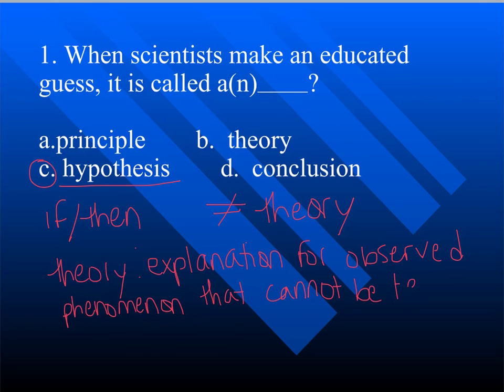So some people think, oh, the theory of gravity. We can't test it as a hypothesis. We can't say if gravity exists, then... there's no statement that works for that. A theory is the best explanation that science can come up with for all the things we see, and it's widely accepted based on evidence. Science is all about the evidence, and we'll get into that as the year continues.